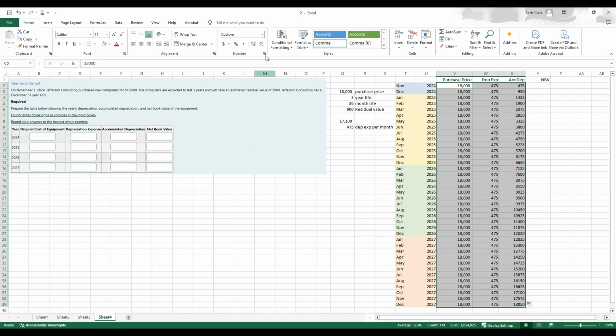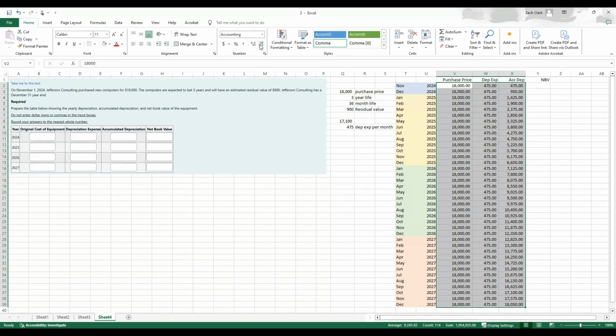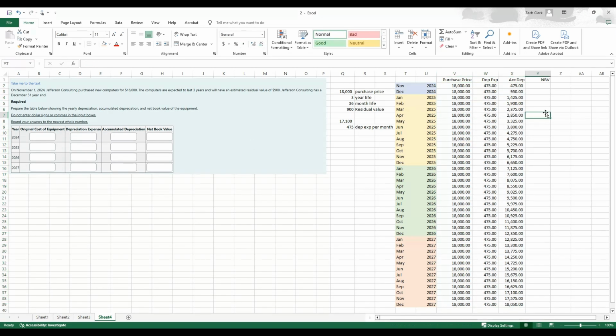And so we can see a couple things. Maybe first off is that this thing has a 3-year life, but we've shown 38 months. So really this is beyond the 3-year life. This right here is 3 years. So we don't have any more depreciation in those months. So I'm just going to delete those 2 months out.